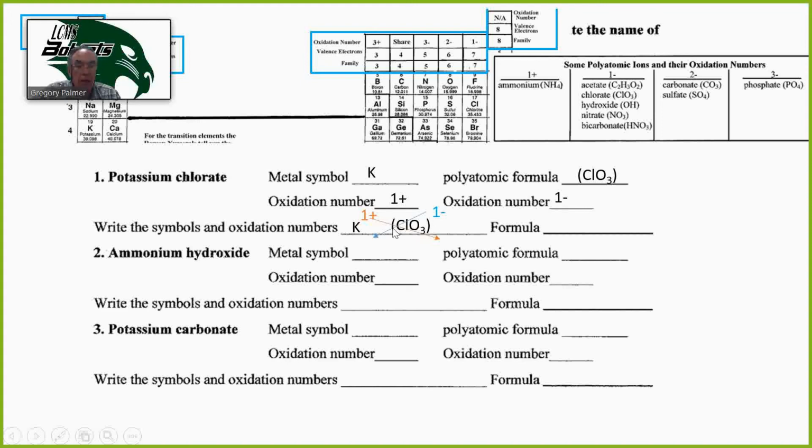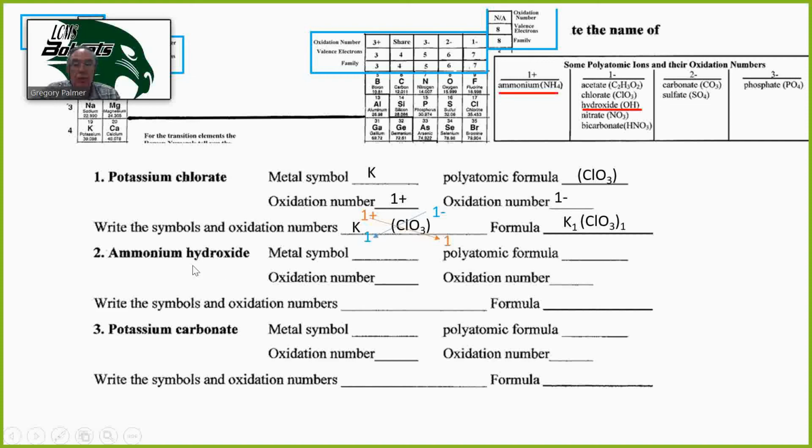Remember, this whole thing works just like as if it was an element symbol. So we're going to put the 1 right there. We're going to put the other 1 right there. And our formula is going to be K1 ClO3 1. So, again, this whole thing is like an element symbol. With every parentheses and everything in it, you don't touch.